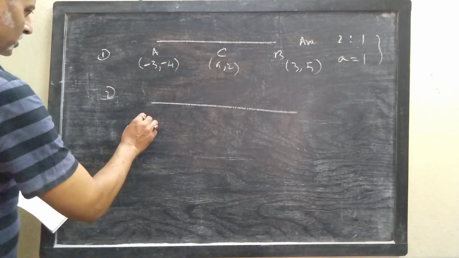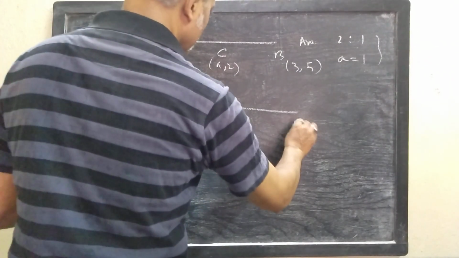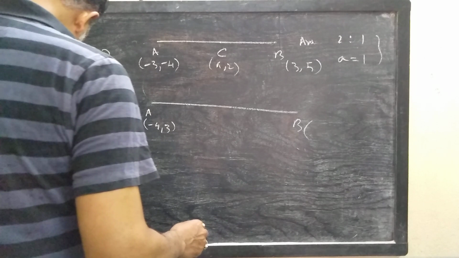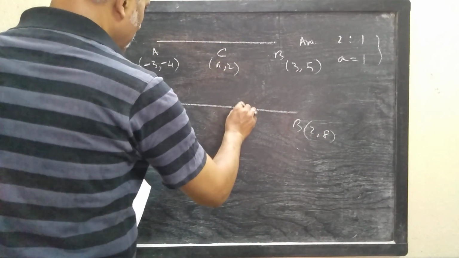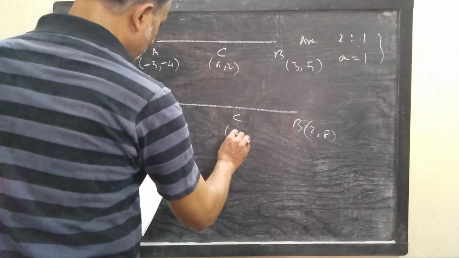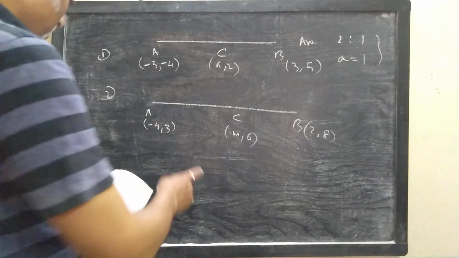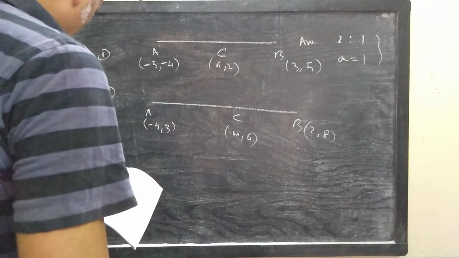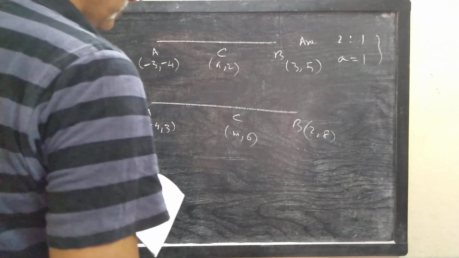Second homework: A is minus 4 comma 3, B is 2 comma 8. Here is the point C having coordinates m comma 6. The first question is in what ratio C divides AB, and the second question is to find the value of m.